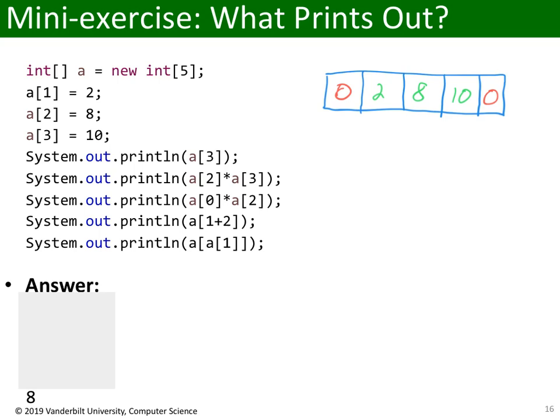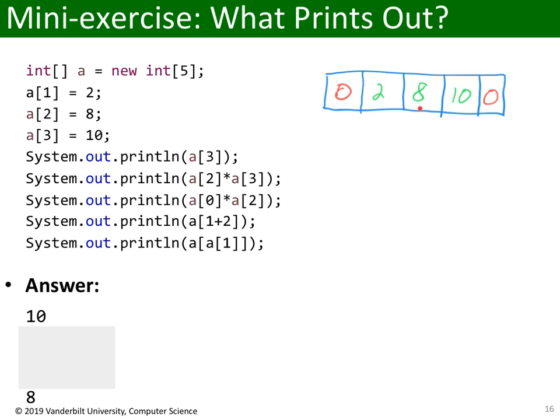Alright, so when we execute the print line statement, we will print the value stored in element 3 to the console. So we'll print 10. Then in the following statement, we will multiply the value stored in element 2 times the value stored in element 3.